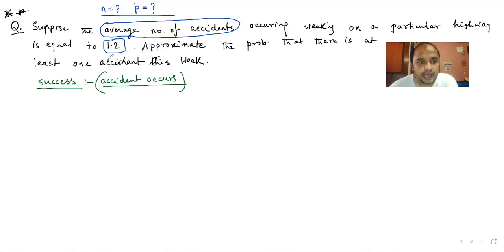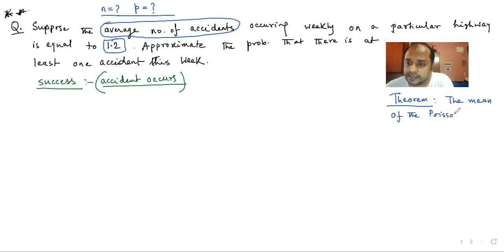Okay, now theoretically it can be established that the mean of the Poisson variate is actually lambda. Not only this, the variance of the Poisson variate is also lambda. Theoretically, it can be proved.